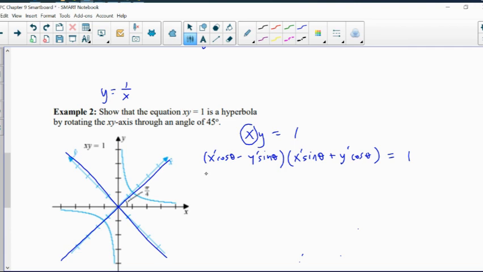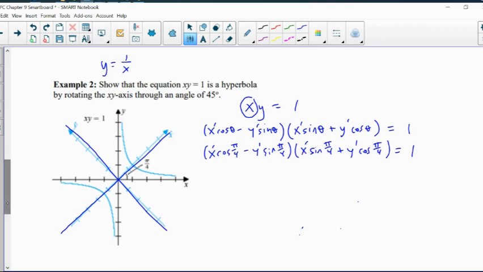So that means x prime cosine of 45 degrees, or pi fourths, minus y prime sine of pi fourths, and then x prime sine of pi fourths plus y prime cosine of pi fourths. I claim that 45 degrees is the perfect angle to get rid of the xy term.